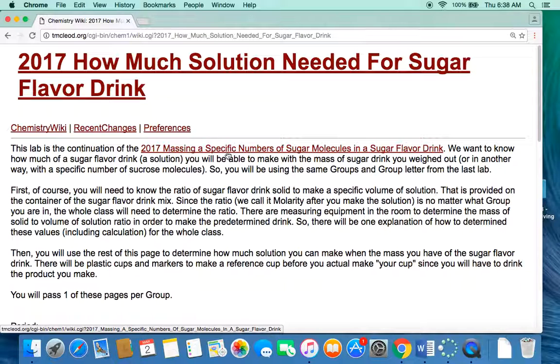Then each group is going to use that molarity value and figure out how many milliliters or liters of solution you will need to make so that you have that molarity solution with the mass of the solute that you have weighed out.